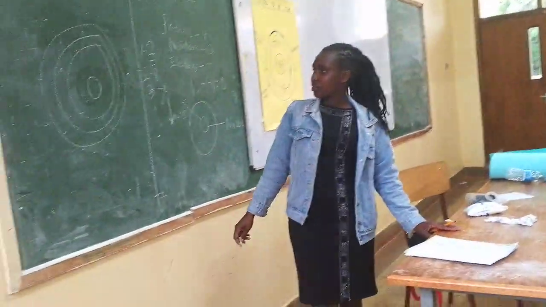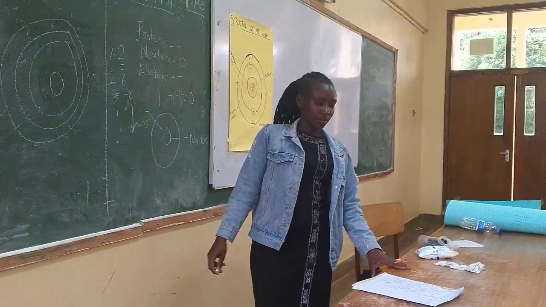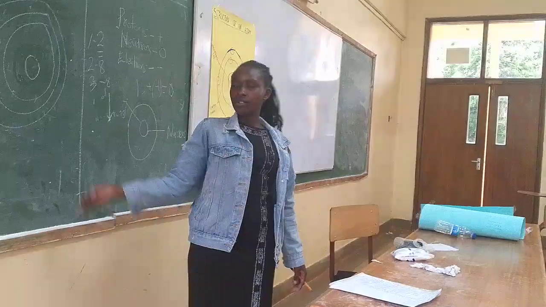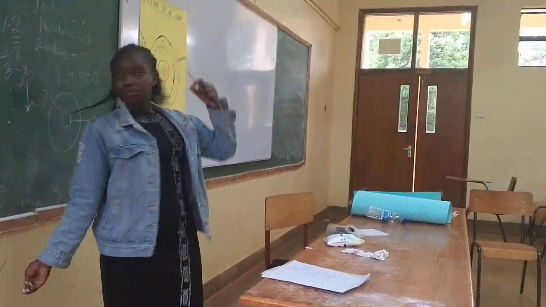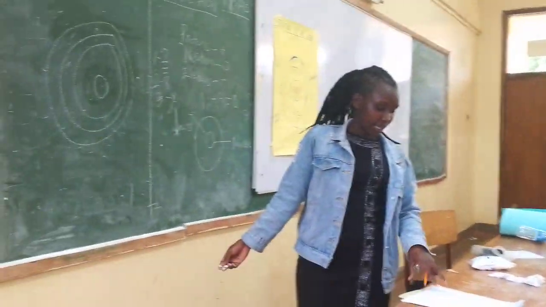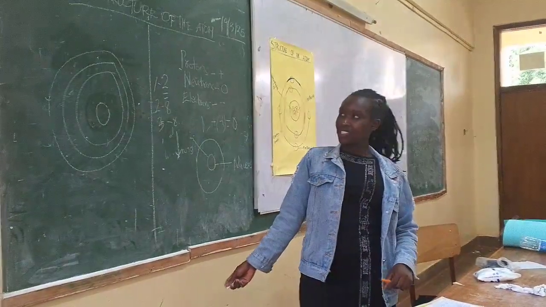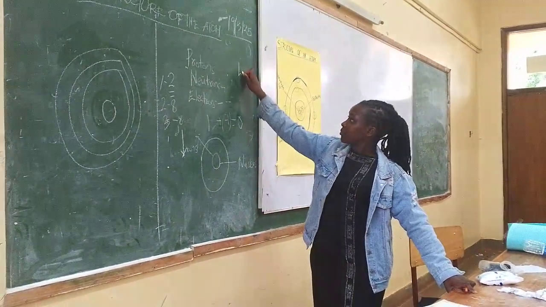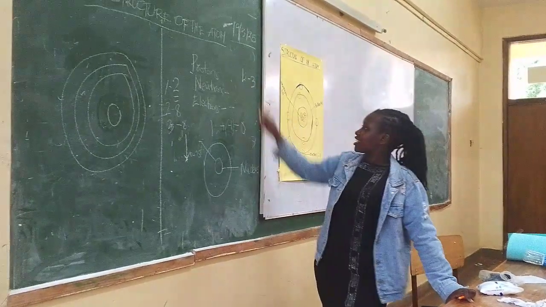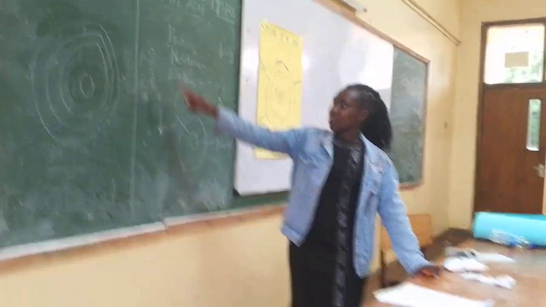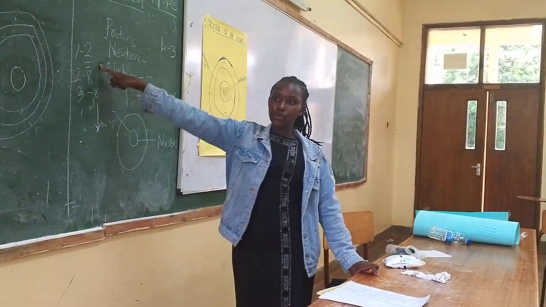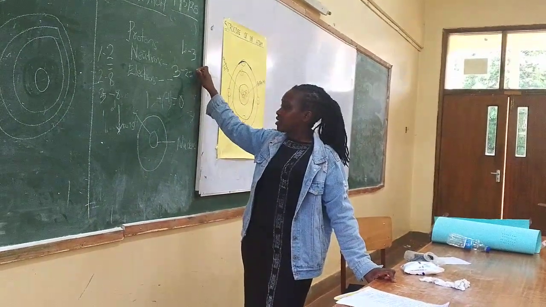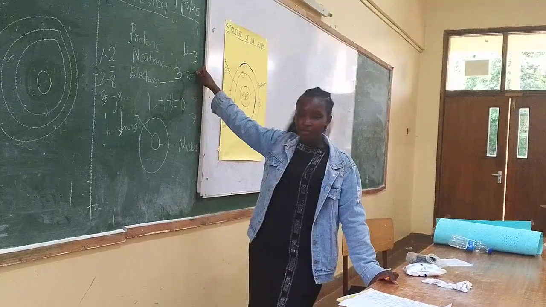So when we are locating electrons, the lowest carries a maximum of 2. So we minus 3 minus 2. How many remain? 1.